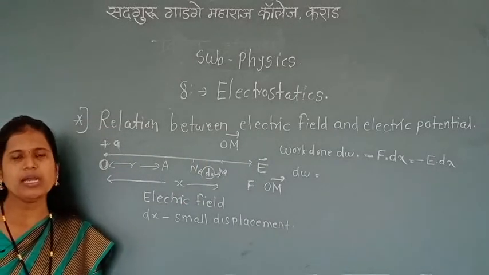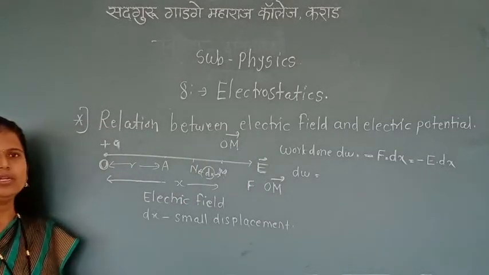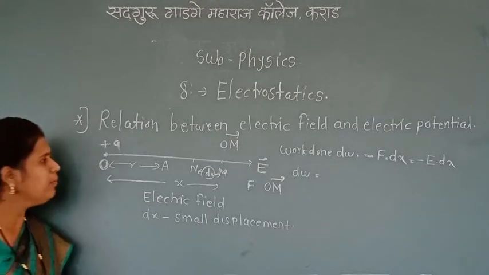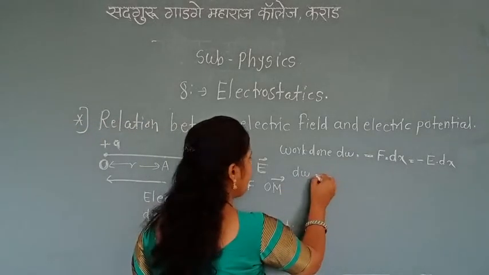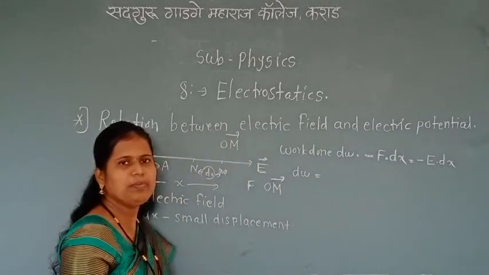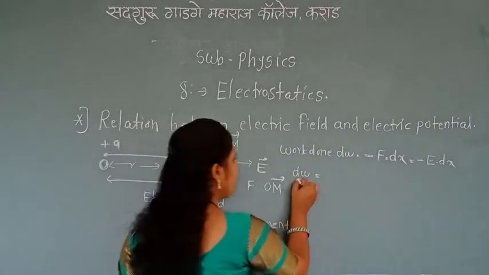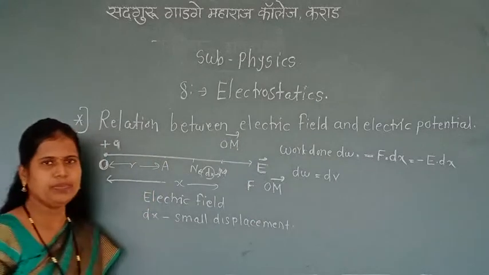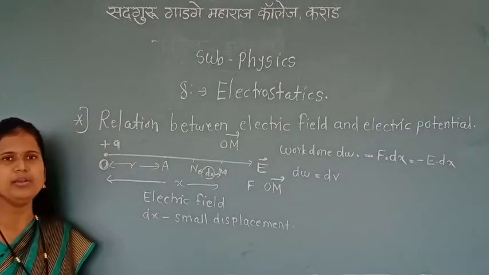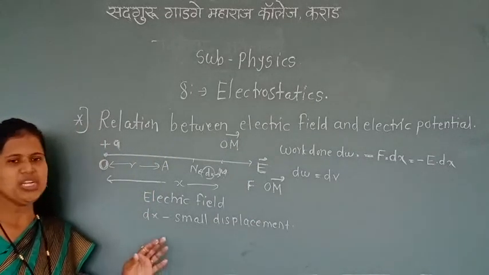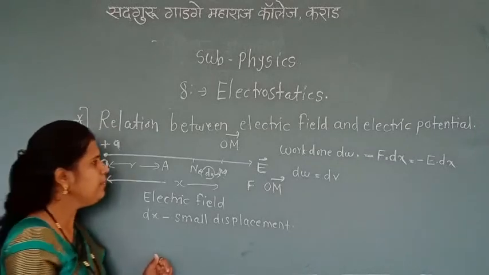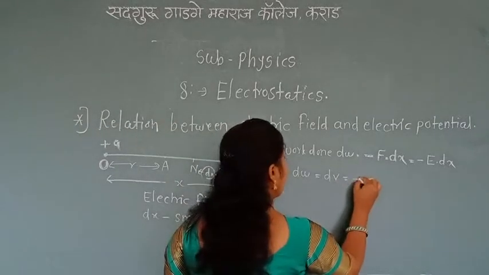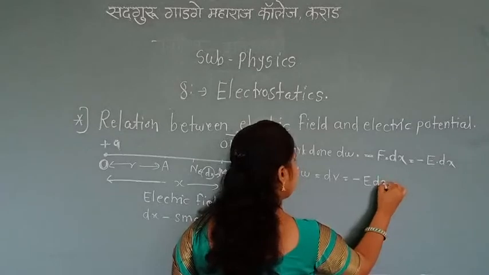In the last lecture we already saw what is meant by electric potential. That dW is the change in electric potential, denoted by dV. So dV is equal to minus E dx.